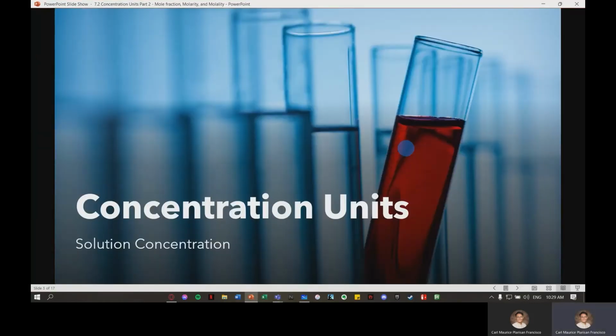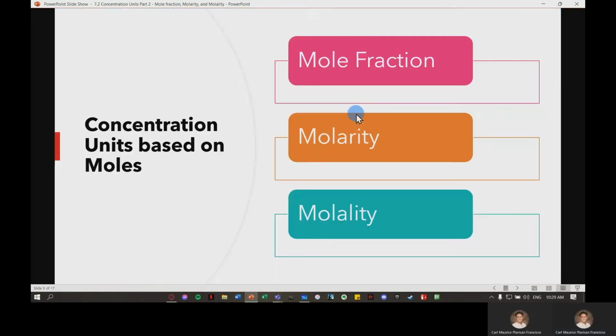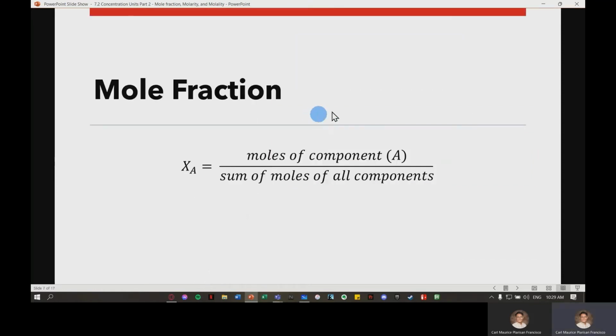Now at this point, we shall continue by having the concentration units and its equations. Now these are the following concentration units based on moles: mole fraction, molarity, and molality. Let us start with mole fraction.